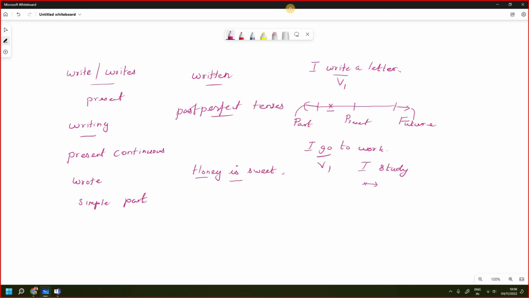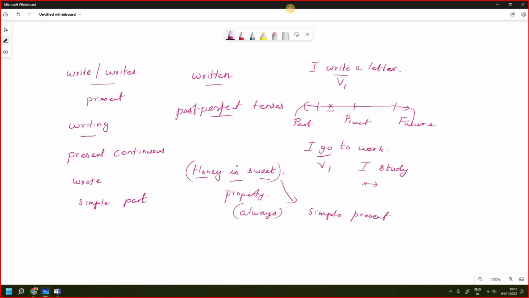Honey is a noun, sweet is again a noun, and it talks about the taste. Here we are talking about the property of honey. We are trying to tell people that honey is always sweet. It never changes. So this sentence is written in simple present.